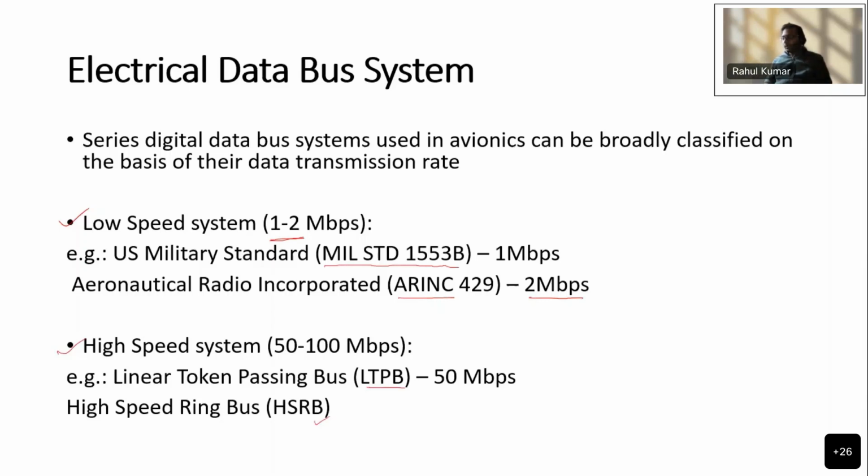Okay. Now in today's class, we are going to study only the low speed system in detail. Right? So we are going to study both of these systems. So let us discuss the first one, that is military standard 1553.